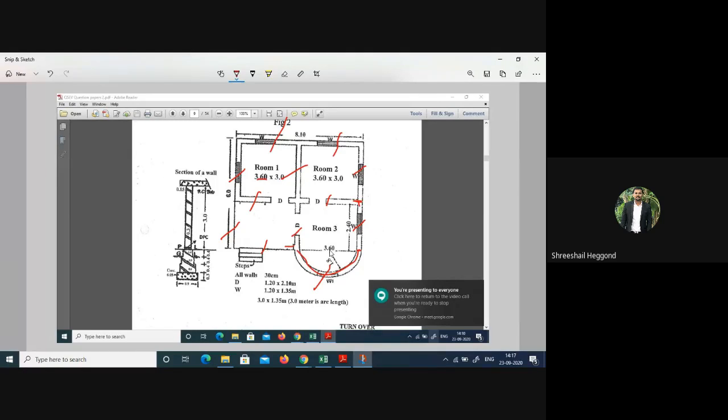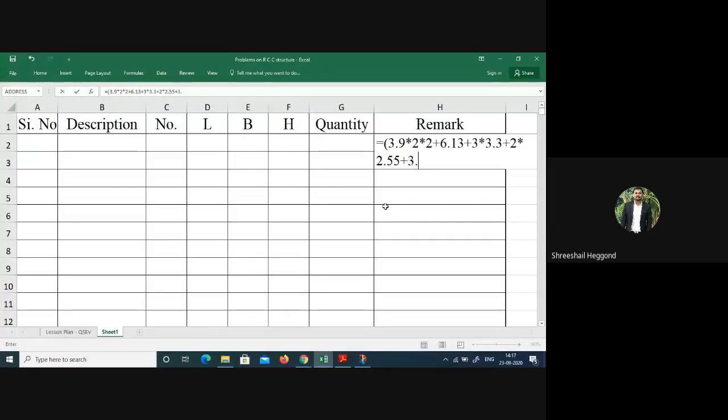That will be written as 3.9 as horizontal plus 2.55 as vertical wall.